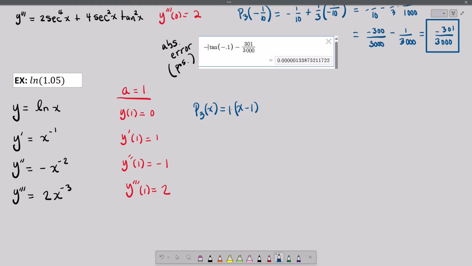And then plus negative 1 over 2 factorial, x minus 1 squared. And then plus 2 divided by 3 factorial times x minus 1 cubed. So that is p sub 3.